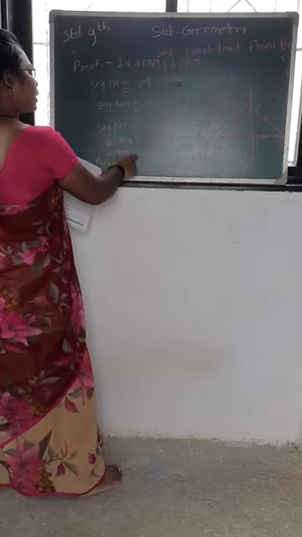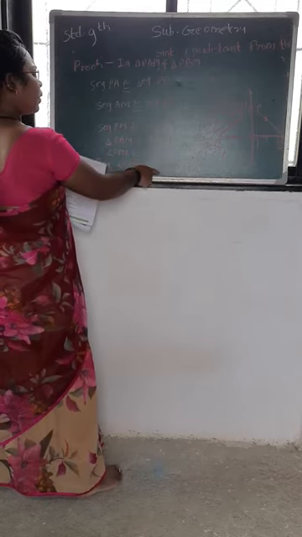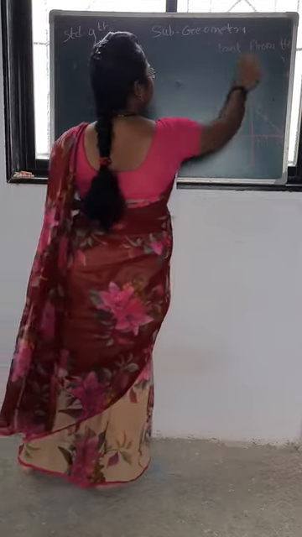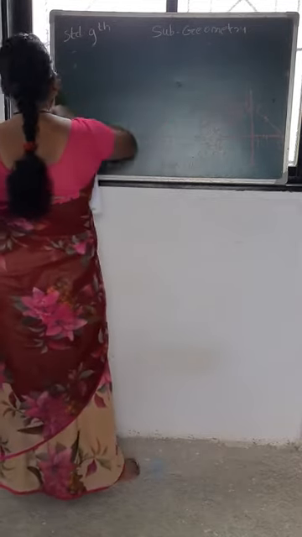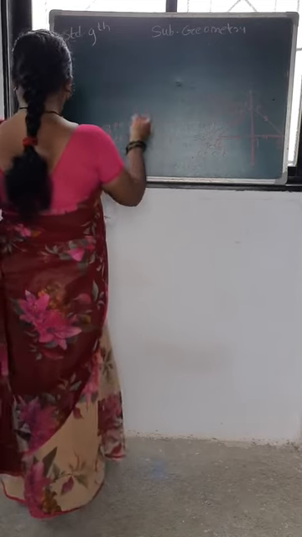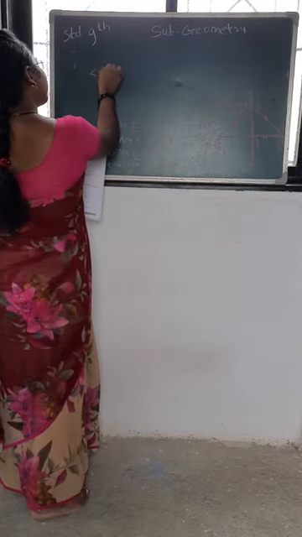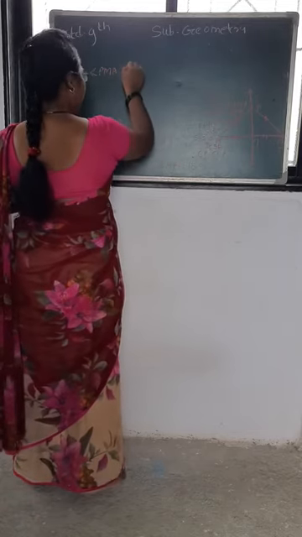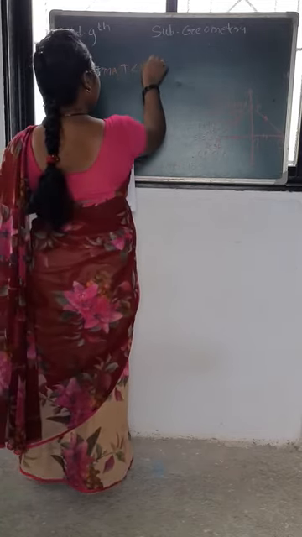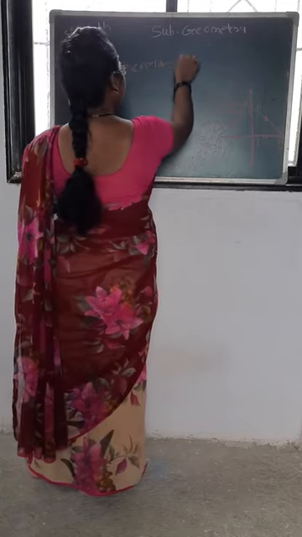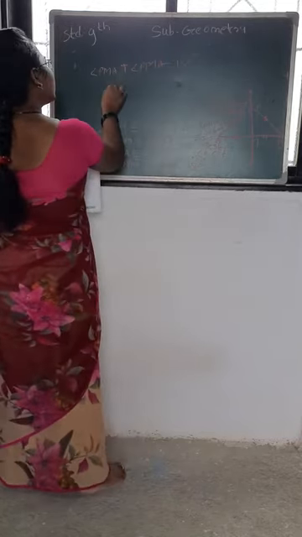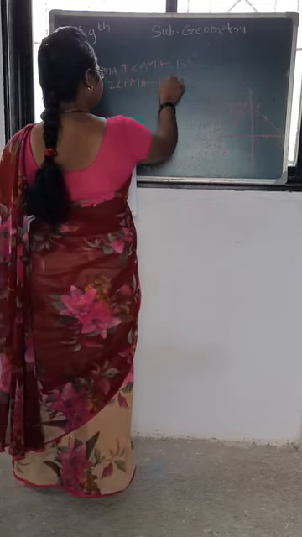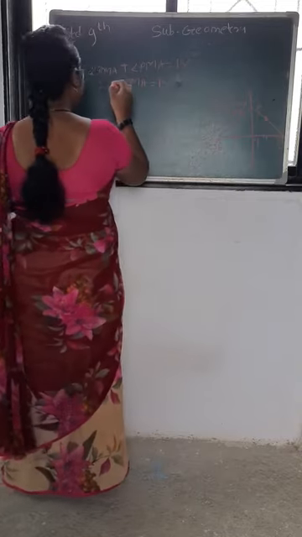So 2 times angle PMA is equal to 180 degree.